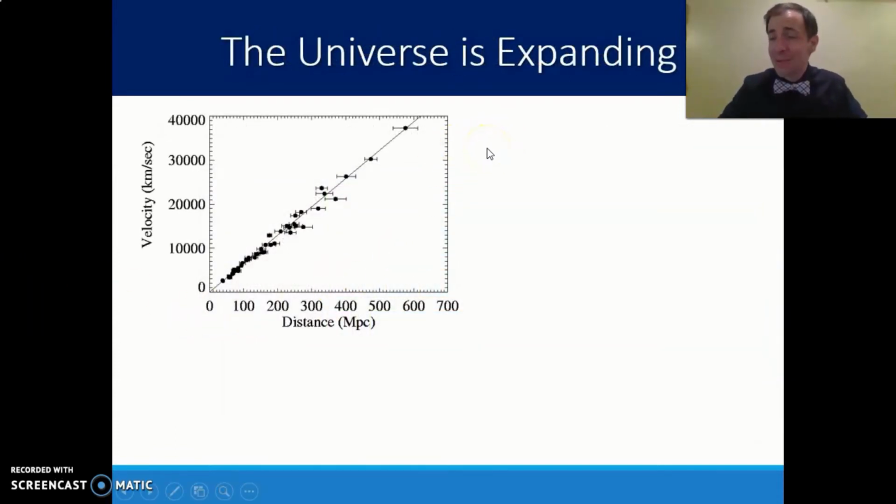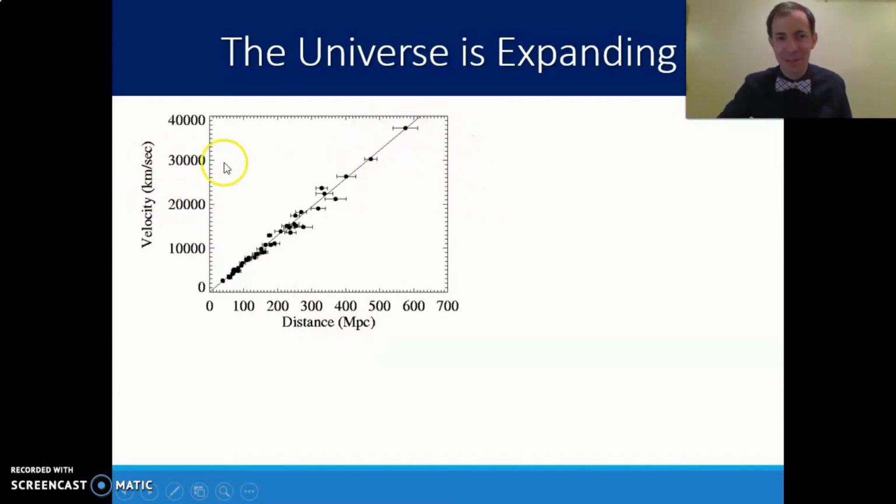So, the interesting part here is that this expansion looks fairly linear in terms of the distance that it is away versus the velocity that it's moving away. So Edwin Hubble graphed these different standard candles, so known distances away based on how far it's redshifted, and he used that to figure out this graph here, the distance being measured in megaparsecs, so a million parsecs, and the velocity in kilometers per second, which is not a velocity that we hear about very often here on Earth.